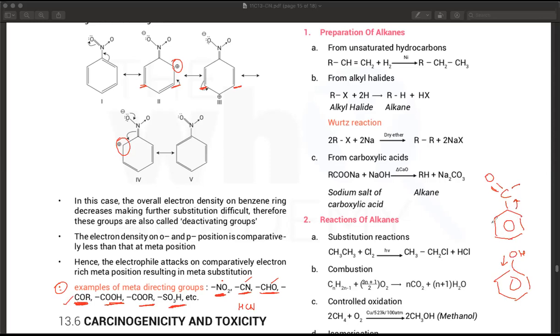Like OH, for example. If the benzene ring is directly connected to an oxygen, then it activates the ring. Correct, electron donating. That's why even ethers, if I write R instead of H, are also electron donating.